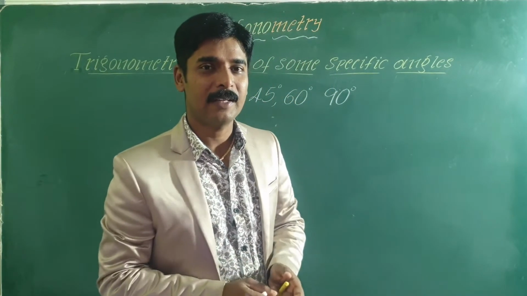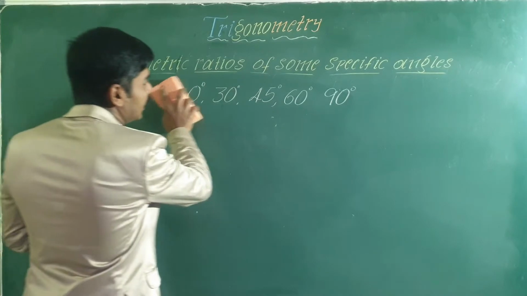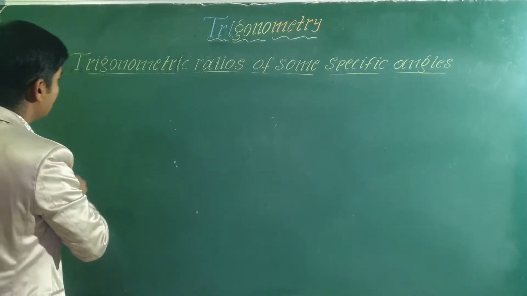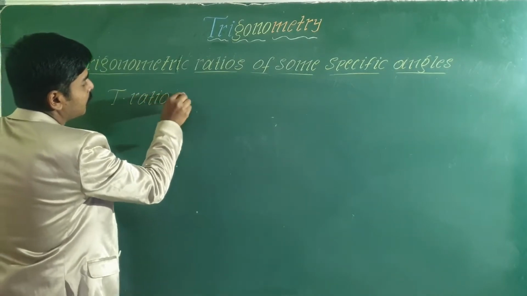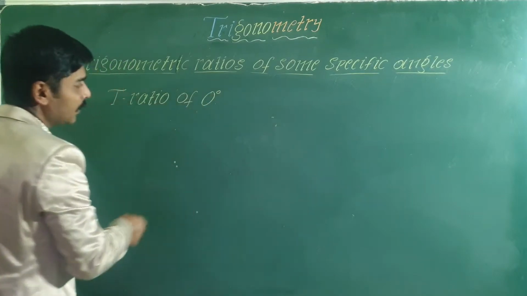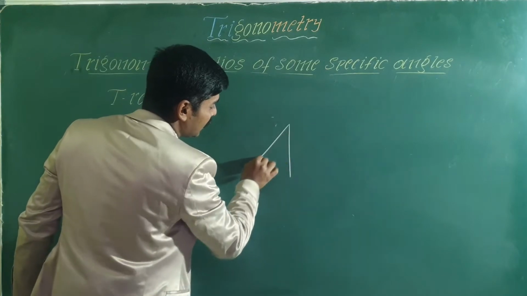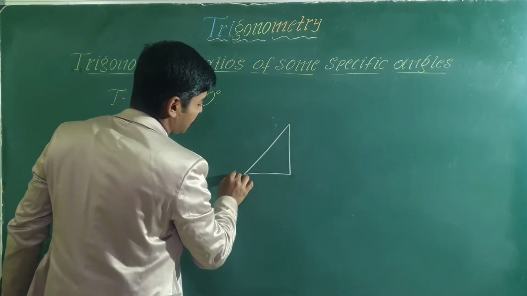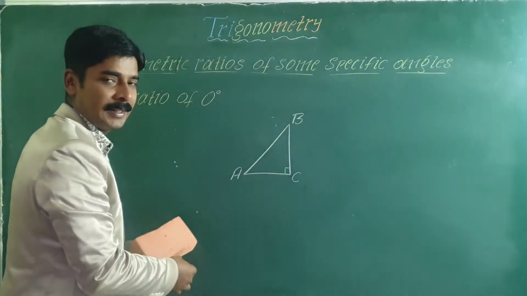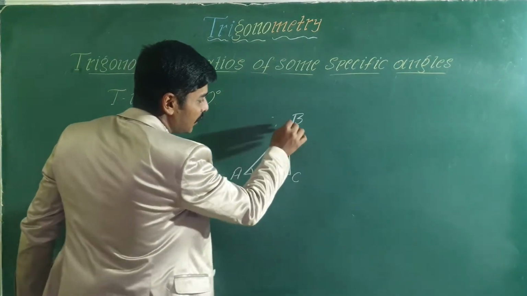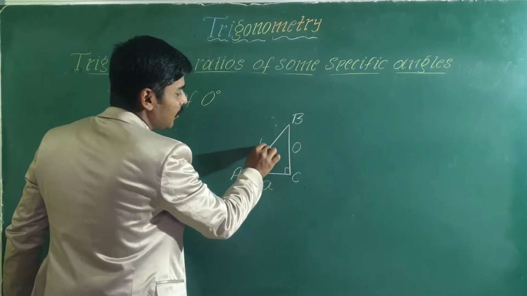Okay, first let us find the trigonometric ratios of 0 degree. For this, we will consider a right angle triangle ABC, right angled at C. With respect to this angle A, BC is the opposite side, AC is the adjacent side and AB is the hypotenuse.